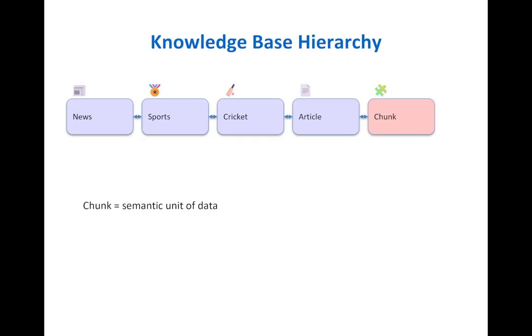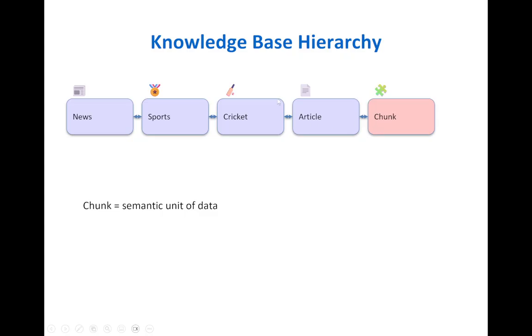The hierarchy would be: you have news, which is organized into categories. I'm picking one category, like sports. Sports would be organized into different sports. I'm taking the example of cricket, and cricket would have lots of articles. Now comes the interesting part of RAG: each article comprises lots of chunks.